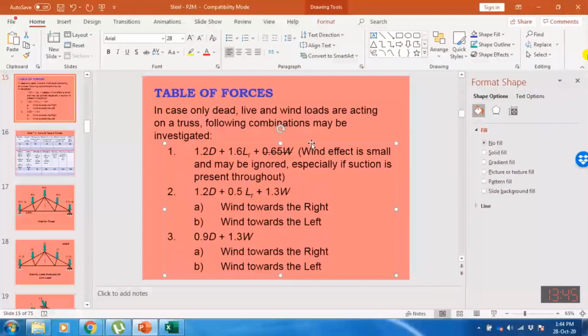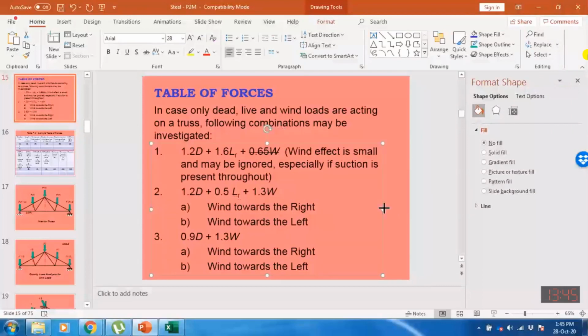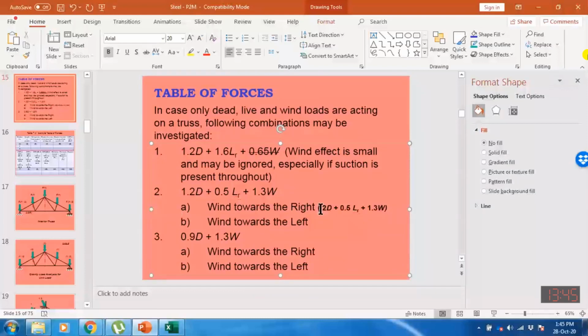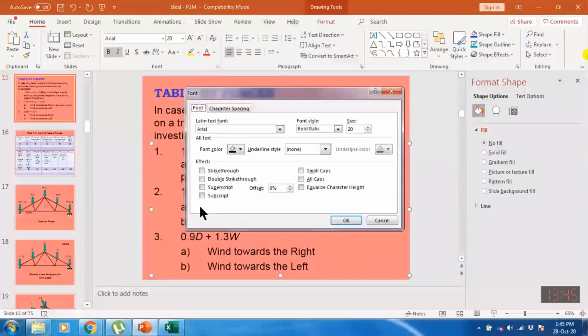I would like to write within brackets. Here, let me write wind H. H means hinge side, when the wind is blowing from the hinge side. So this load combination I have to use.